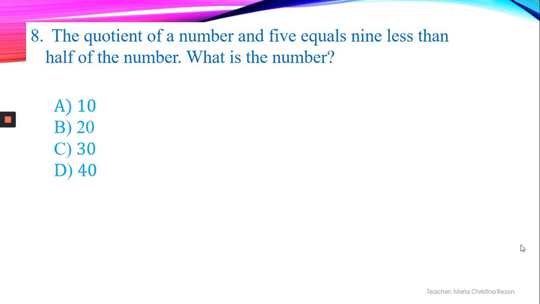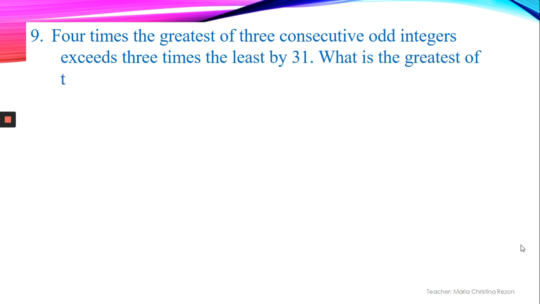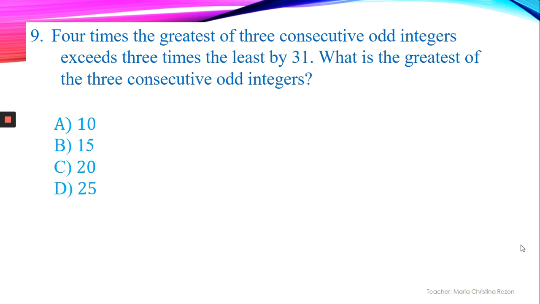So this is number 8, and then number 9: 4 times the greatest of 3 consecutive odd integers exceeds 3 times the least by 31. What is the greatest of the 3 consecutive odd integers? So you have here the choices, but you need to solve it.